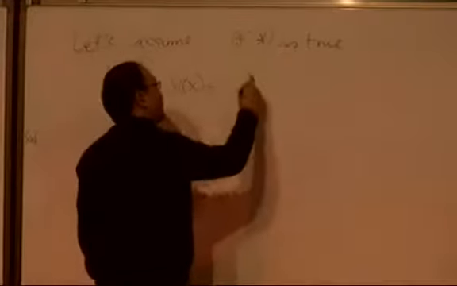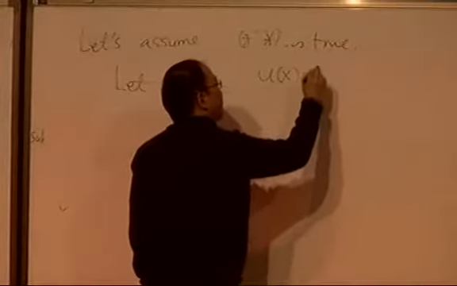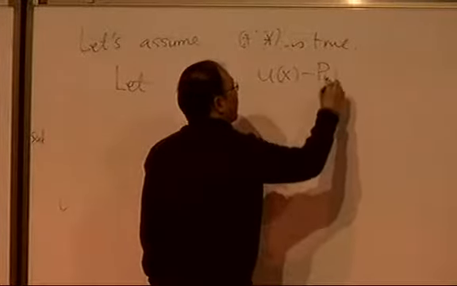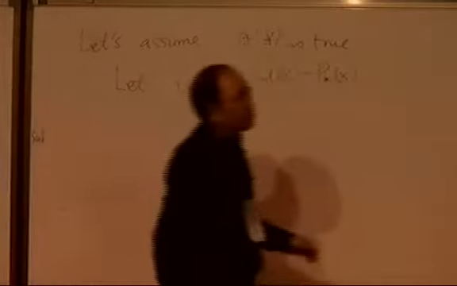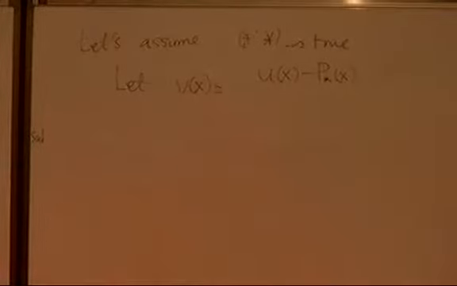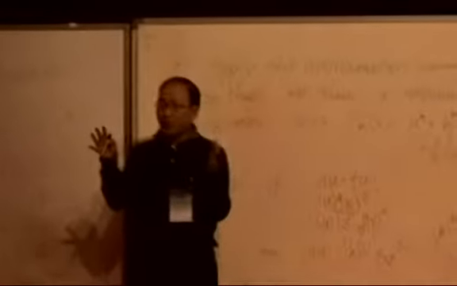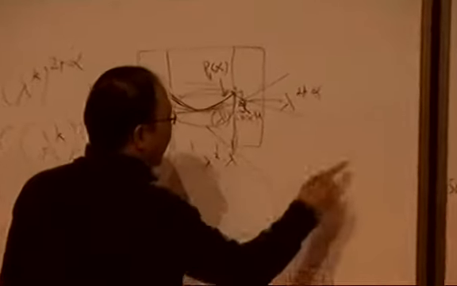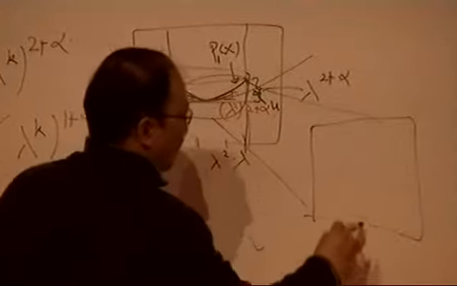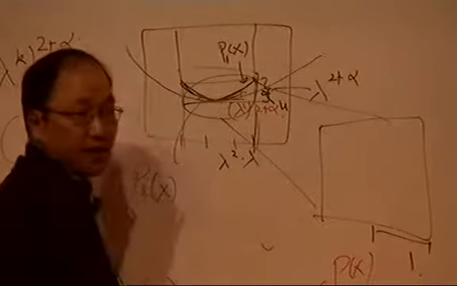So basically, I want to see the error of this function. Okay? And currently the radius of the ball is lambda to the k. But if I want to apply the previous approximation lemma, the radius is supposed to be 1. Okay? So what I do is I look at this picture and magnify it so that the size becomes 1. Okay?